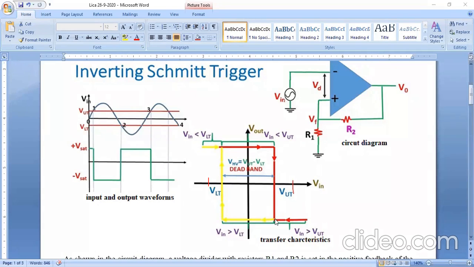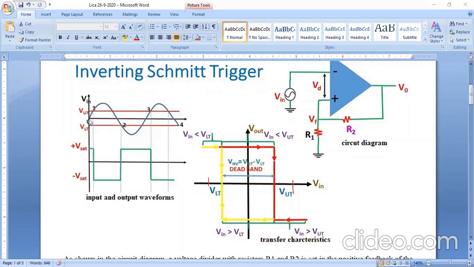From the lower threshold value to a certain maximum value, it is reaching towards a positive waveform.